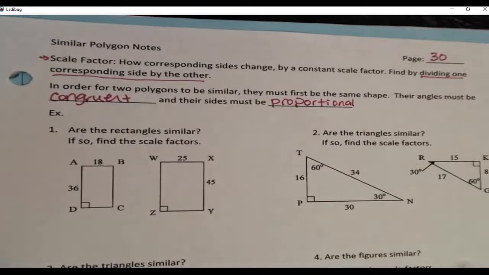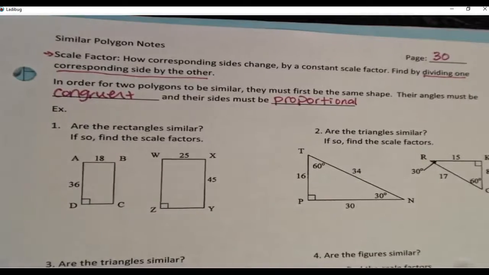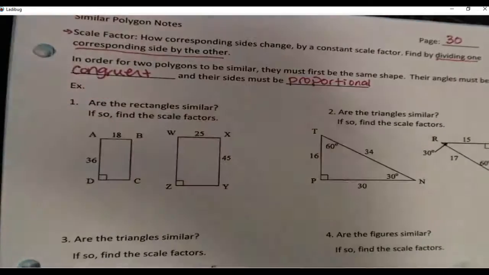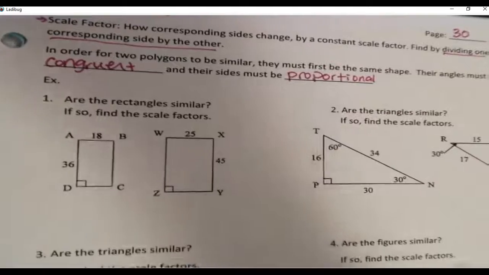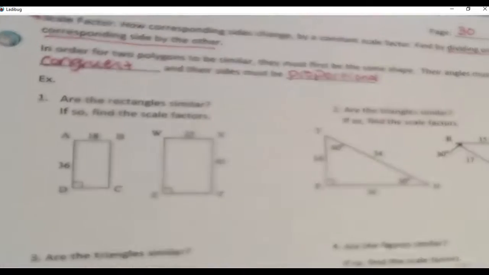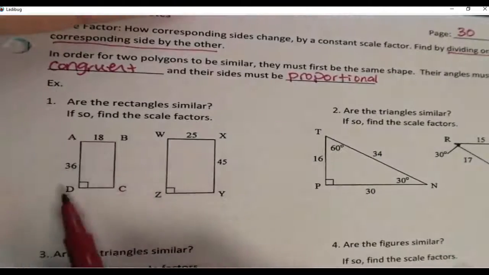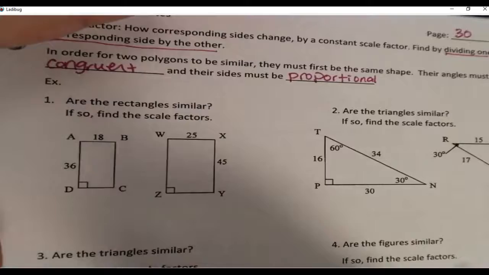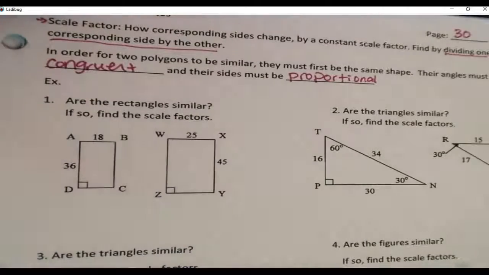So the first one we want to know, are the rectangles similar? And if so, we want to find the scale factor. So it doesn't tell me which one is the original, but we'll say that A, B, C, D is our original. So first I need to check if my corresponding angles are congruent.